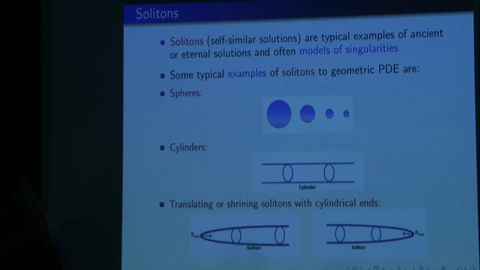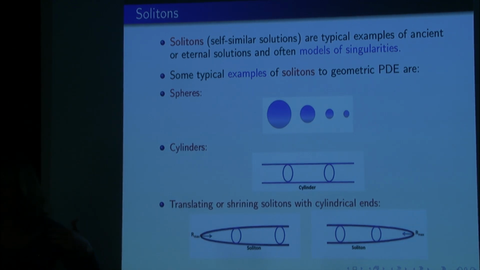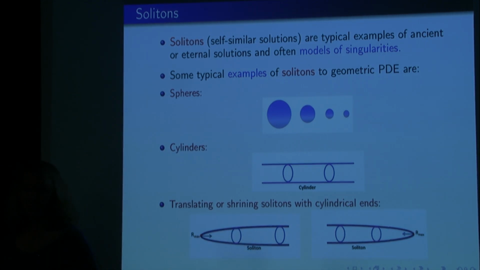The same thing for the cylinder. Let's say that you have shrinking cylinders. If you go backwards in time, the diameter of the cylinder goes to plus infinity, but it exists for all time. Forwards in time, it shrinks. And if you imagine something that translates, going forward in time you translate up, and you can translate down as much as you want.